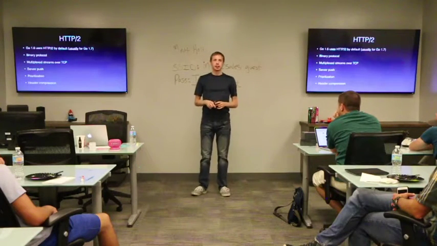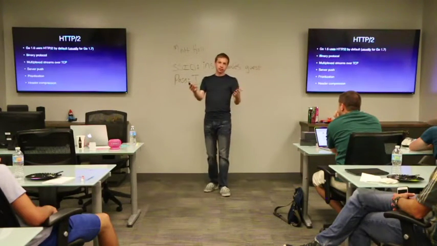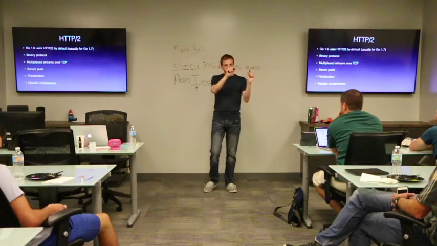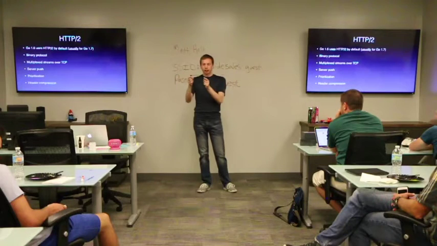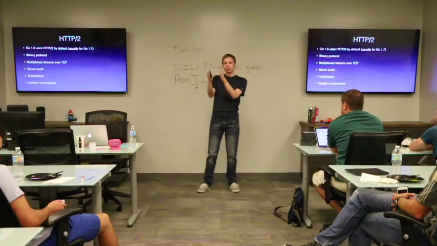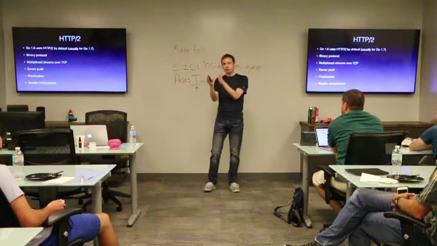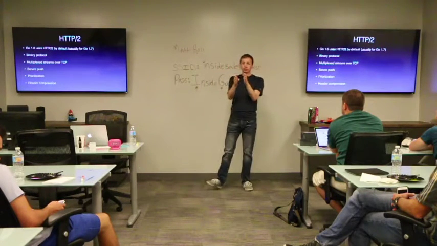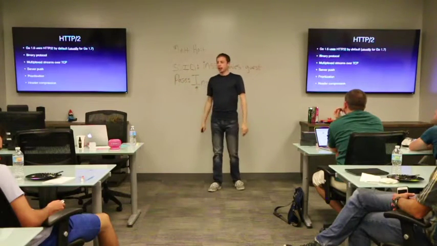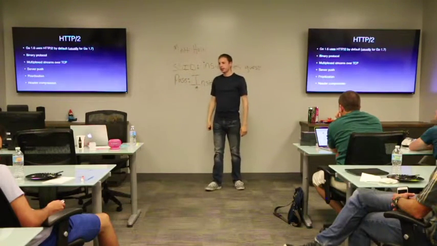A browser doesn't have to open 6 connections to download 6 resources at once. It just opens the one, and the packets coming along that one connection may be for resource A, the next packet for an image, and the next for a JavaScript file. It just interleaves them all, and you get a huge speed boost that way.